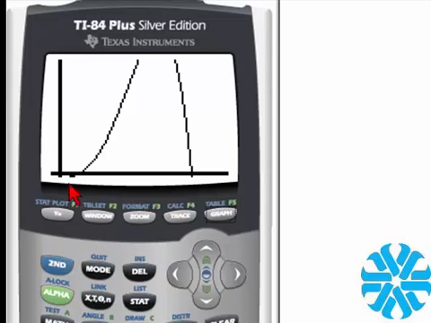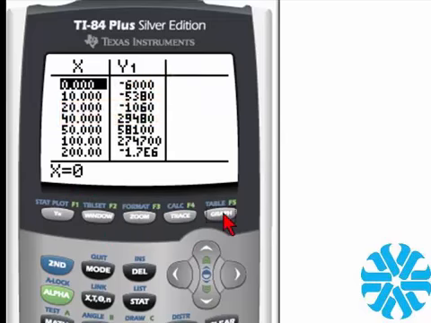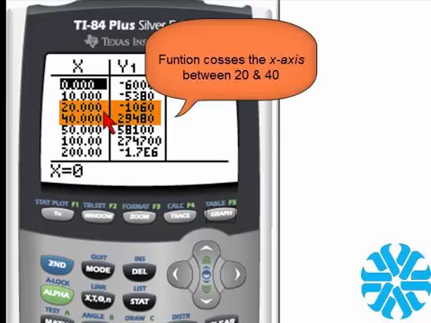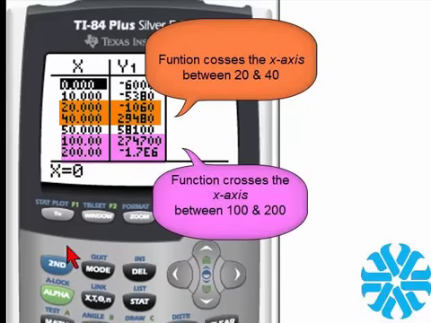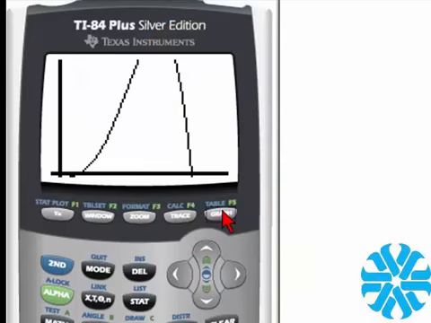So remember that the function was increasing, then it hit the x-axis like we said, between 20 and 40, and then it should hit the x-axis again between 100 and 200. So let's go back to the graph.